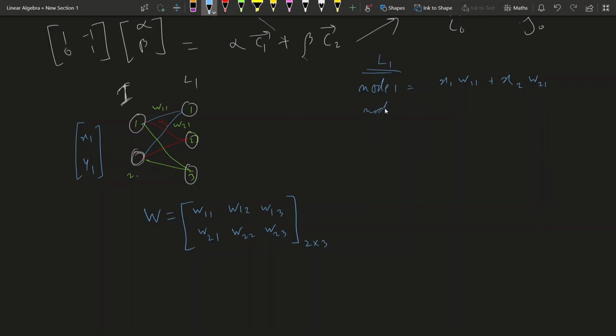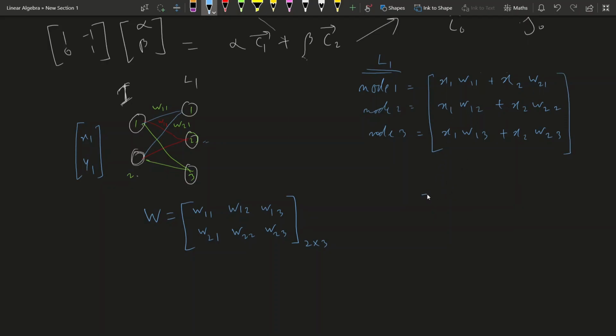Similarly, node 2 will give you x1 times w12 plus x2 times w22, and node 3 will give you x1 times w13 plus x2 times w23, right? Now since input is a vector and this is a weight, the output will also be a vector. This will be my output vector, right?